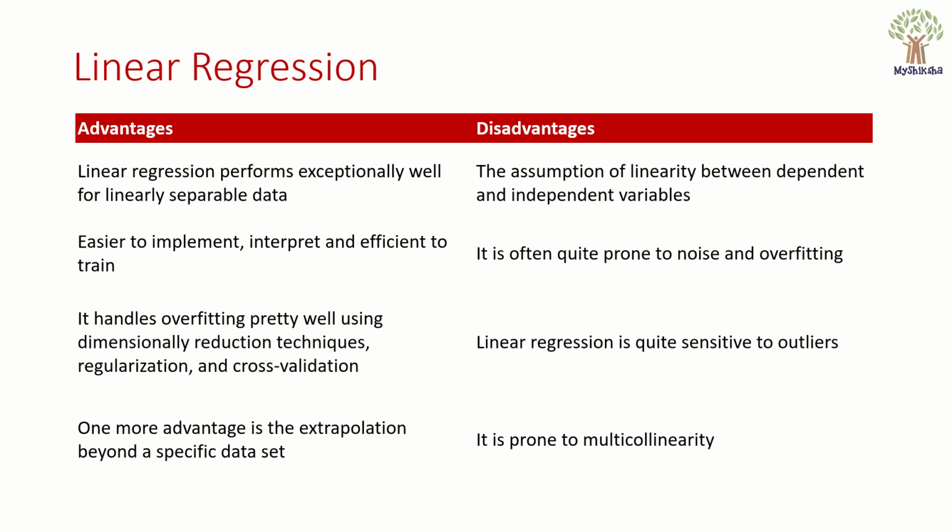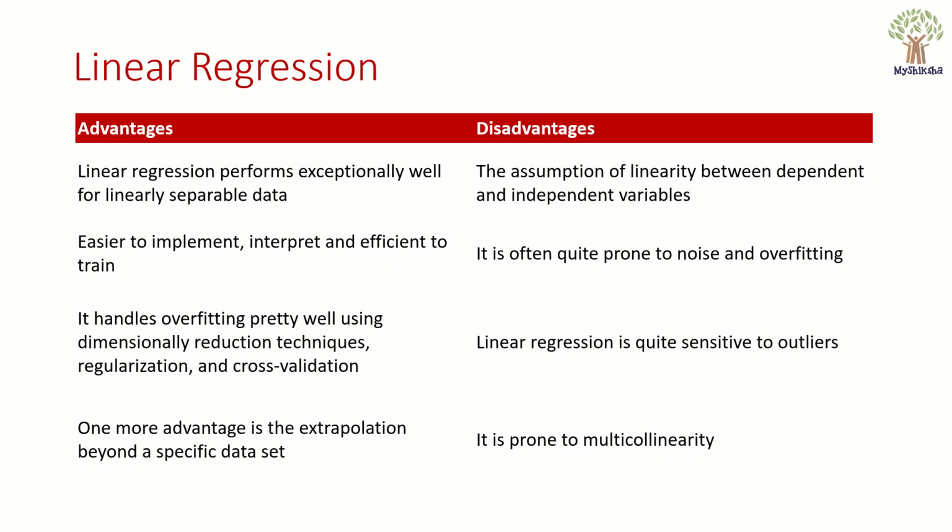And the last advantage is the extrapolation beyond a specific data set. That extrapolation is the key here. That is what makes linear regression work. The disadvantage here is that it is prone to multi-collinearity. That is, when you have x1, x2, x3, multiple variables acting as input to the equation, there can be a problem when some of the variables are connected, like x1 and x2, x2 and x3.